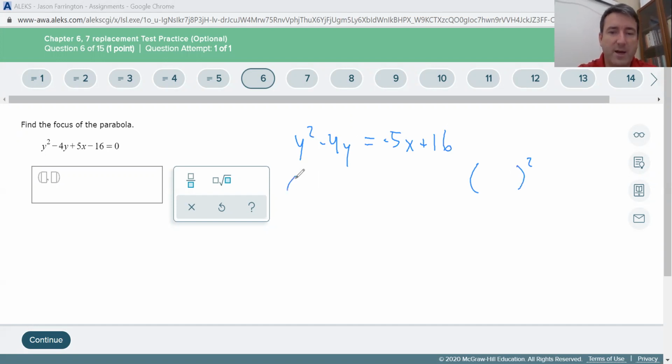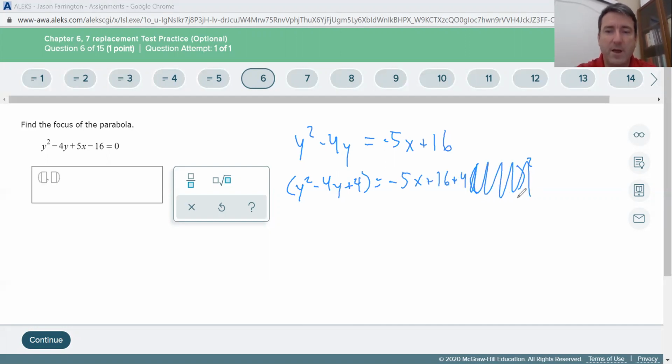So we're going to do y squared minus 4y, and then we need to add something to complete the square. We divide -4 by 2, which is -2, squared is +4. So we're going to add 4 there, but if we add 4 there, we have to add 4 to the other side as well.